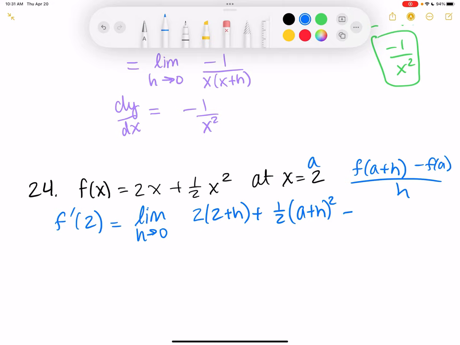Minus f of a, so anywhere I see x, now I'm just putting a 2. So 2 times 2, and this is minus this whole thing, so I'm going to bracket this off, 1/2 times 2 squared, all over h. Are we tracking so far?